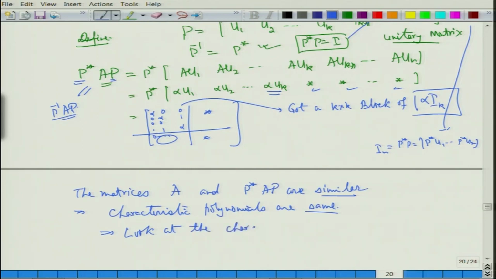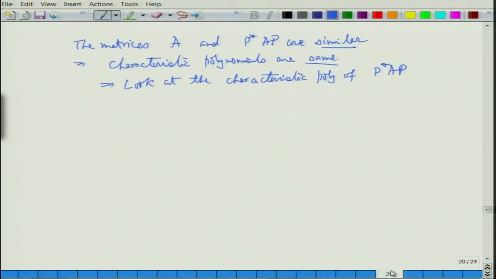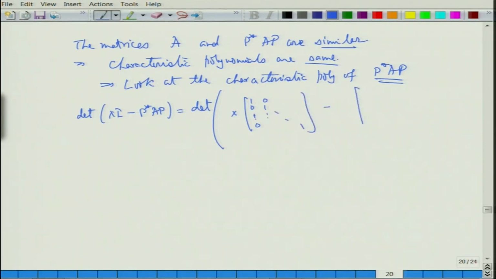So now look at the characteristic polynomial of P star AP. The characteristic polynomial of P star AP will be the determinant of xI minus P star AP, which is the determinant of x times the identity, with 1 on the main diagonal, minus P star AP, which has alpha I k here, something here, 0 here and something here.